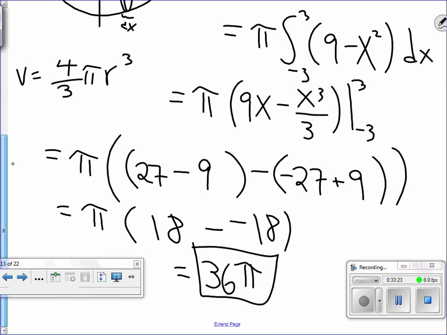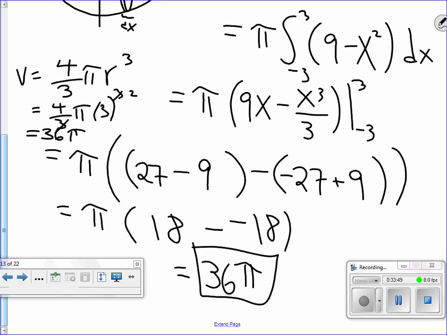The radius of that sphere would have been 3, right? If I put in a 3 for the radius, I have 4/3 pi times 3 cubed. Well, one of the 3's would cancel. That would be squared. Oh, it's 36 pi.